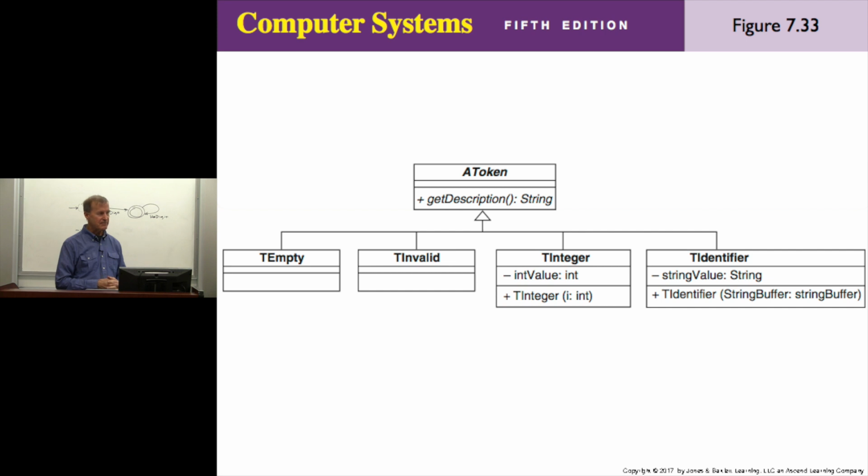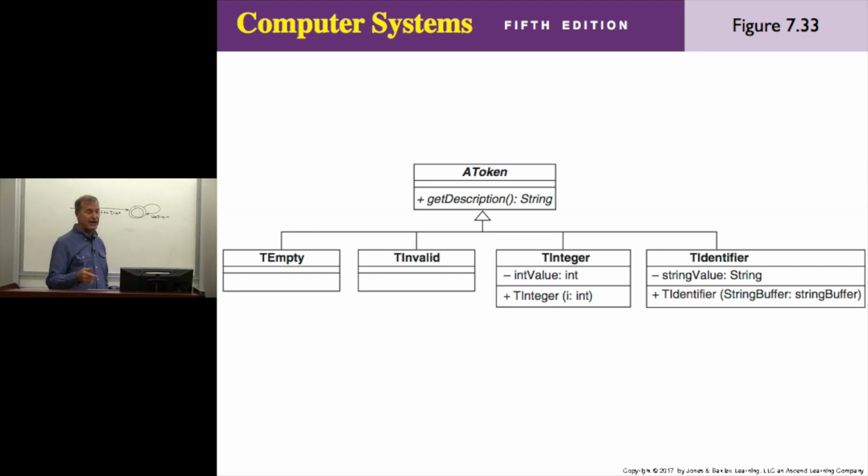T empty, so we know what that is, right? That's at the end of each line. And now what's the second one? T invalid. So if we have an error, like a plus after a space after a plus, we have to return some kind of token, so we will return the invalid token. Is everybody with me on that? So return the invalid token.